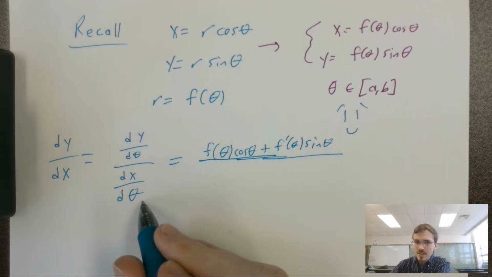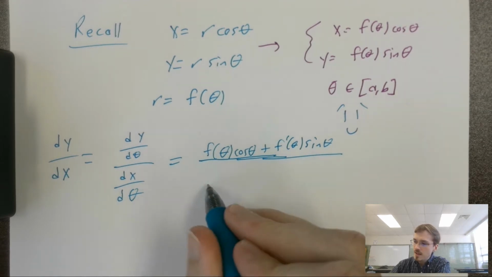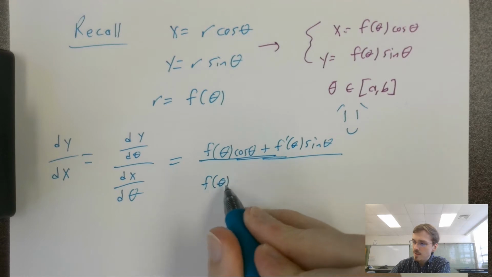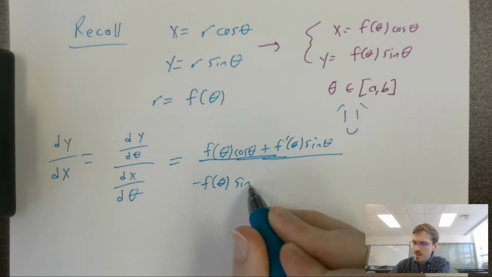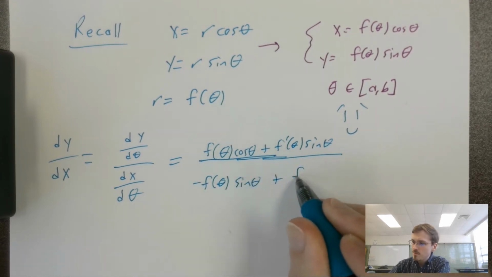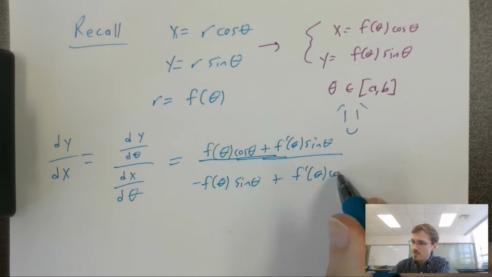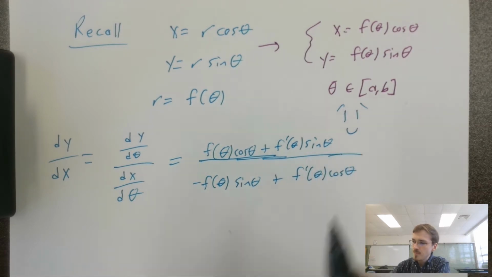Divided by dx/d theta, which is going to be f of theta times negative sine of theta plus f prime of theta times cosine of theta. And it looks pretty terrible, but that's okay. But this is dy/dx. This does give you an equation to compute the slope of any line tangent to this polar graph.